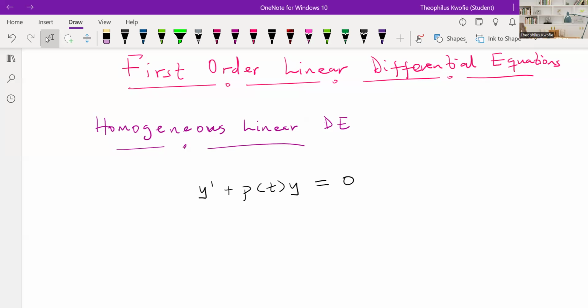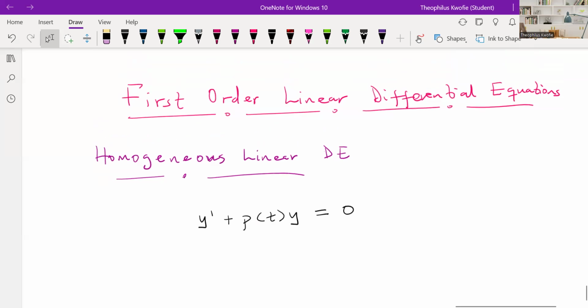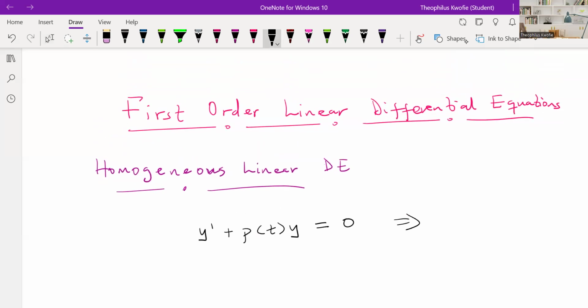As time permits, we will look at it from a different angle so that you really appreciate it. Now, we said that it can also be done in a separable way, which means this can also be written as y prime equal to minus p of t times y.